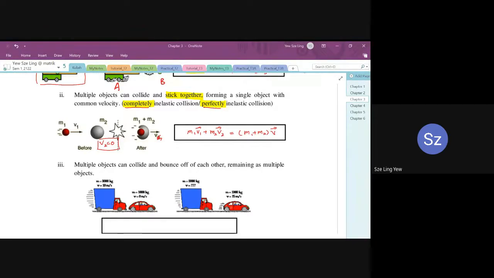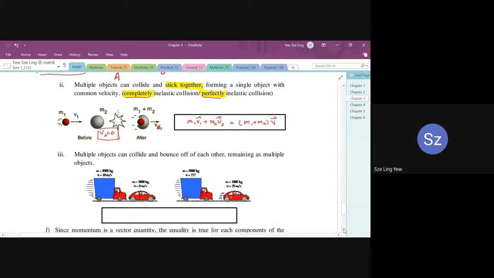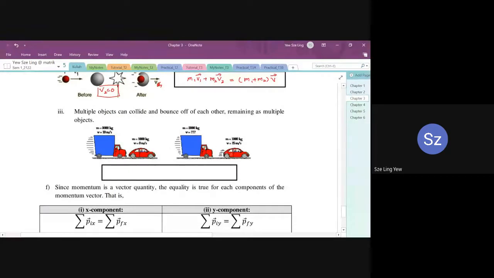So next one, multiple objects collide. Multiple objects can collide and bounce off each other, remaining as multiple objects, which means after they collide they do not stick to each other.